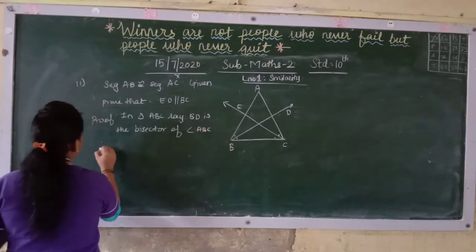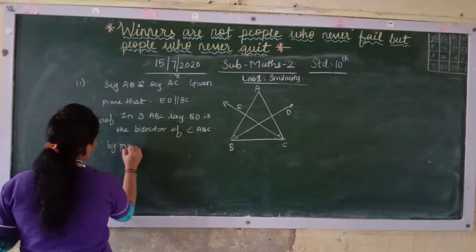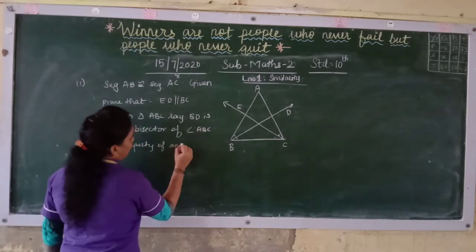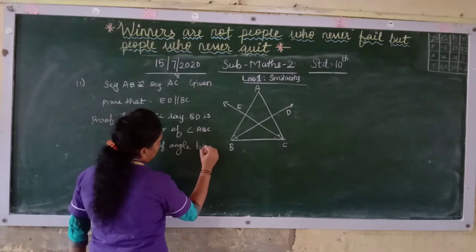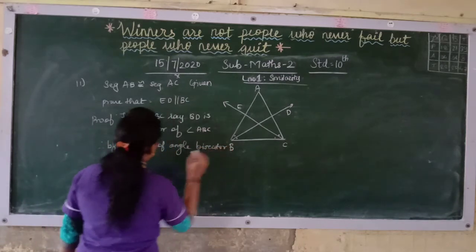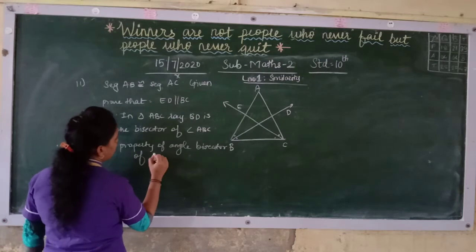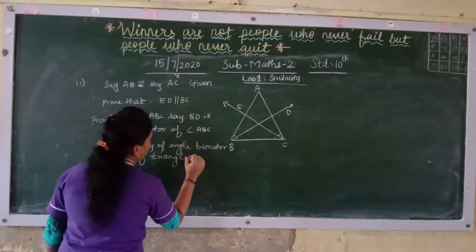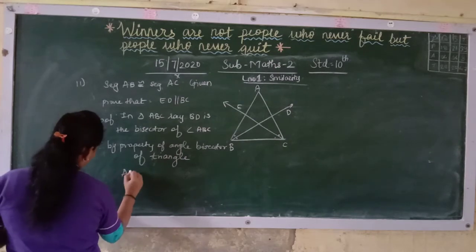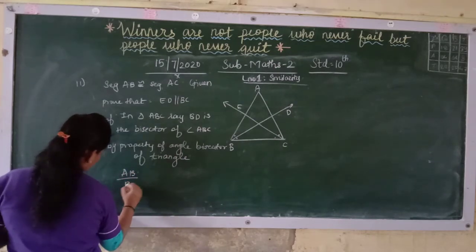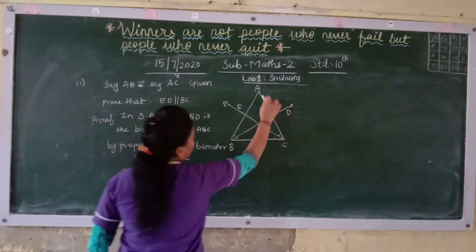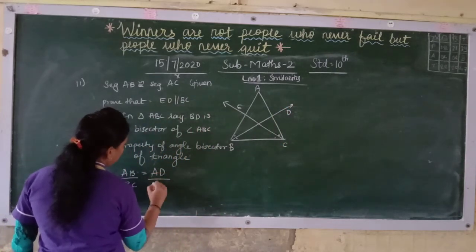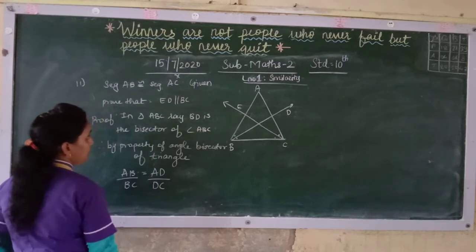Therefore, by the property of the angle bisector of a triangle, you will get AB upon BC is equal to AD upon DC. We had done this theorem.